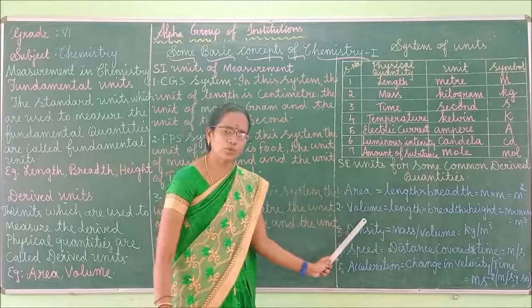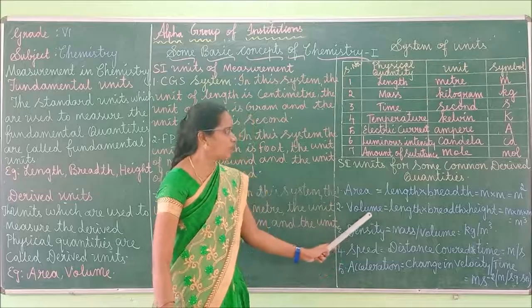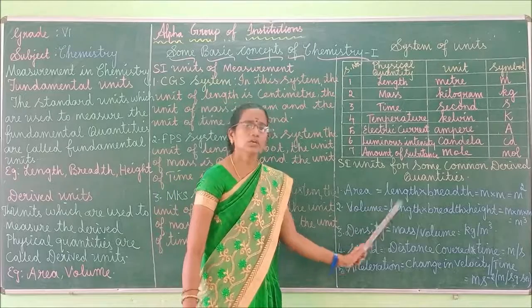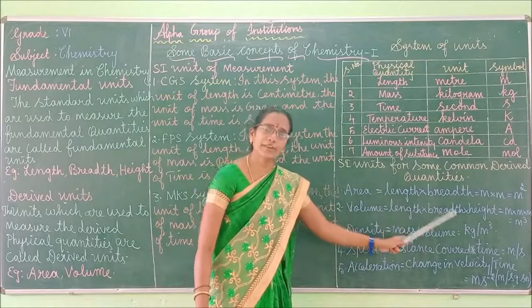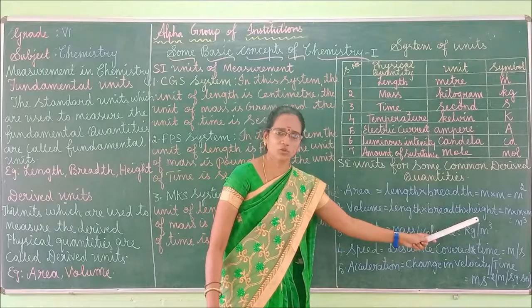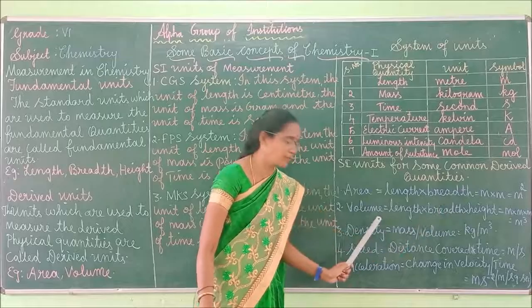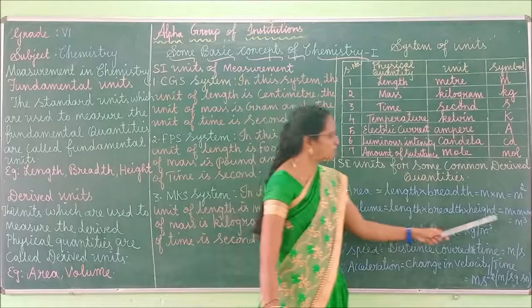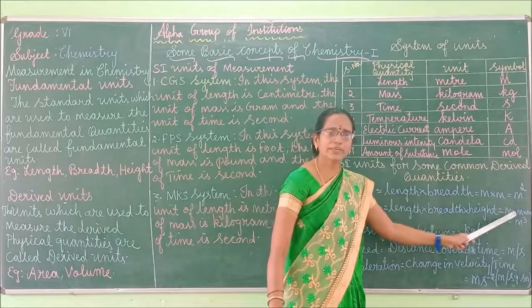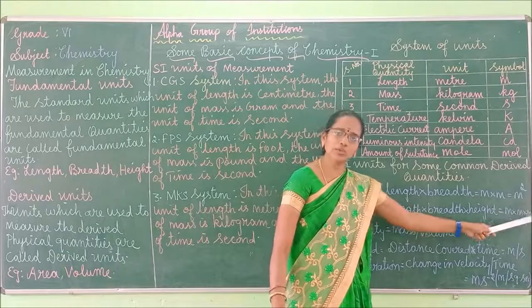Okay. So next one we can move to volume. Volume is equal to length into breadth into height. This is nothing but volume. So what is the unit here? M into m into m.